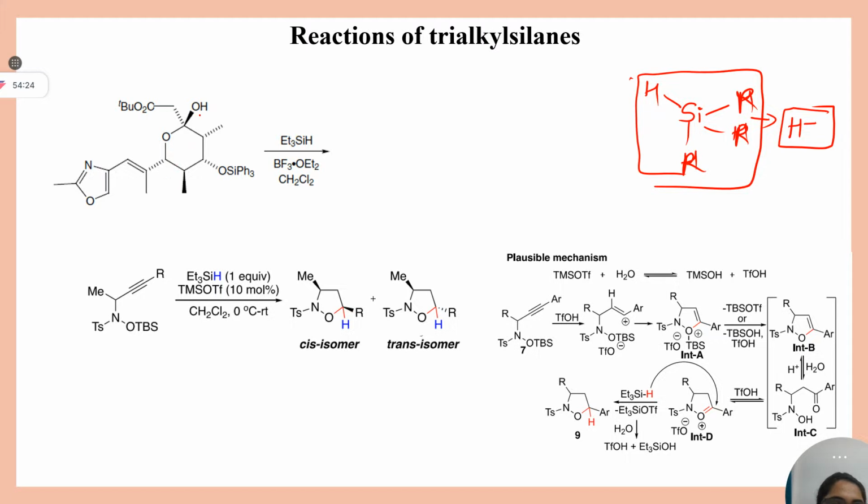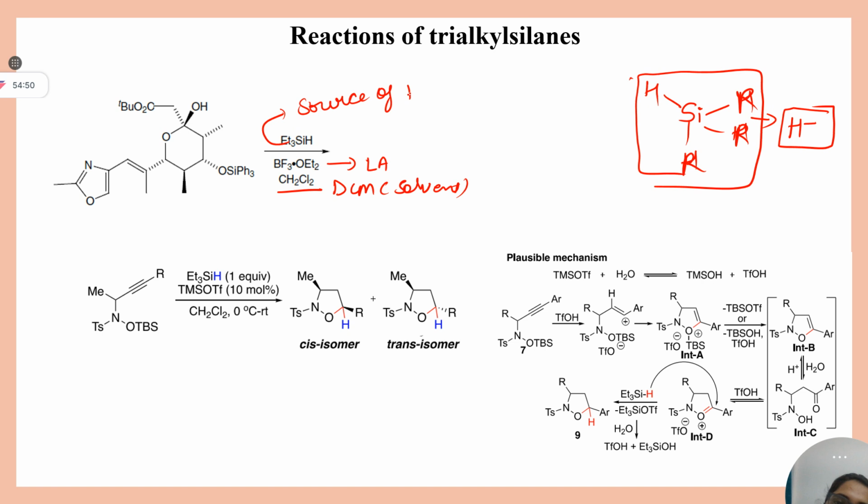Now, if you look at this, BF3 etherate is your Lewis acid. Okay, which type of acid is this? Is it Lewis acid? Is it Bronsted acid? It is your Lewis acid. Okay. This is DCM solvent, source of hydride.